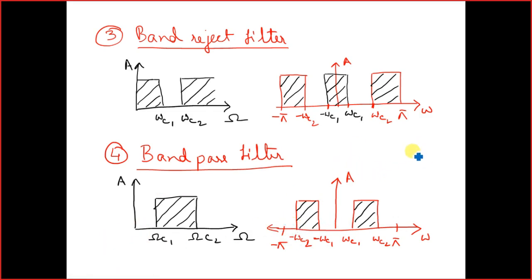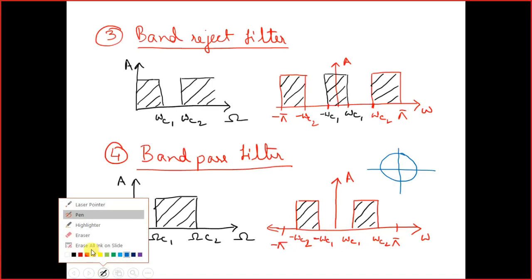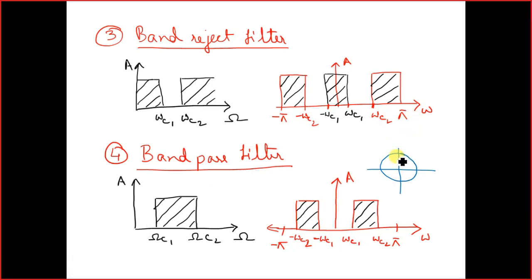So if you want to understand how the pole-zero plot may look, I'm just giving you the responses based on a simplistic pole model. Say for example, I have a pole in the positive region and a pole in the negative region. Now it will be having its effect in this way.